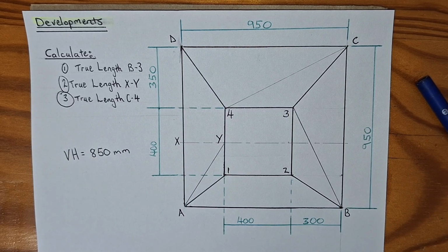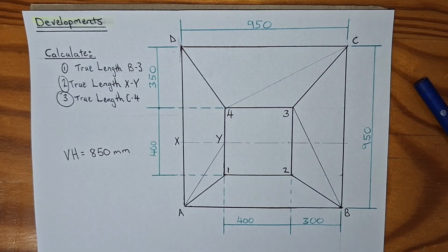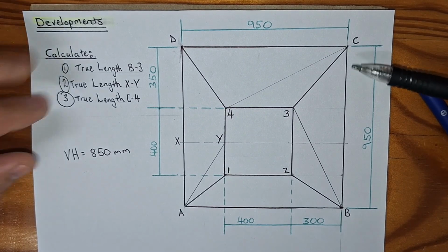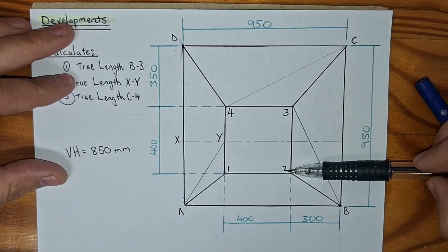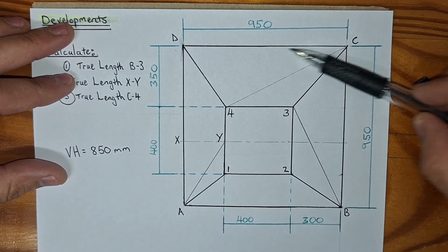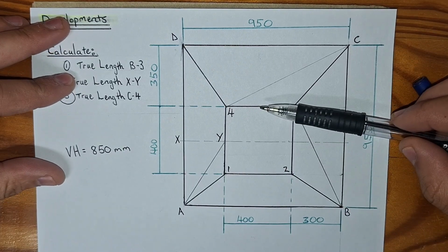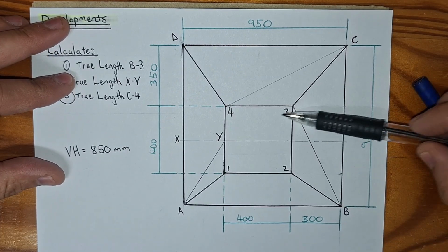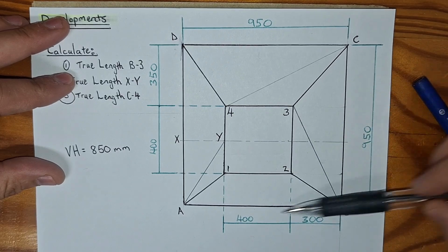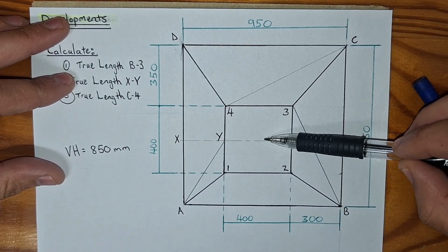A funnel normally has the opening at the bottom smaller compared to the top surface. So the smaller square will be at the bottom and the top square will be at the top. This is a square to square hopper, but the bottom square is off center from the top square.